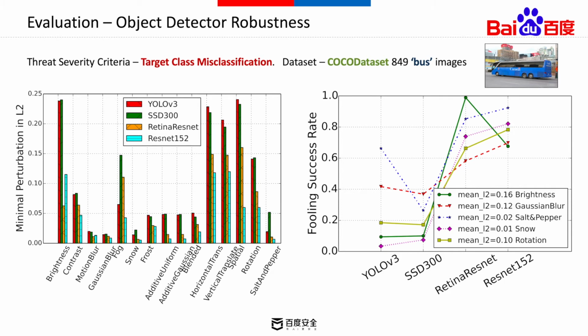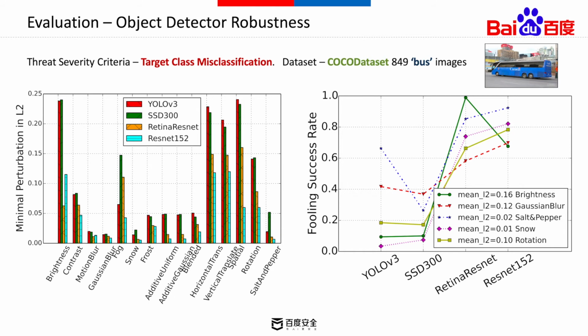As we expected, the object detectors are more robust than the image classifier. In the best case, it takes 6.4 times more perturbation over a safety property named additive uniform noise to fool YOLO v3 compared to ResNet152. On the right, we converted the result into a more understandable metric, fooling success rate.